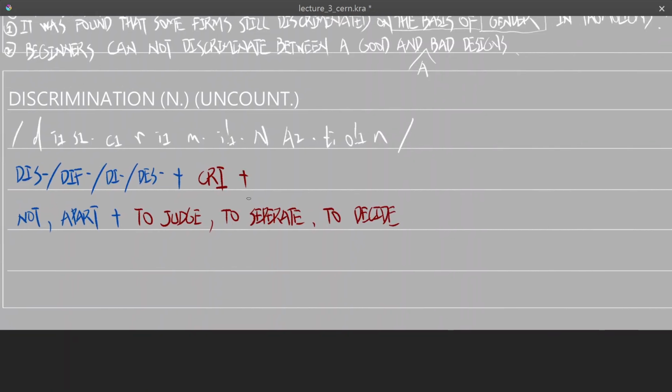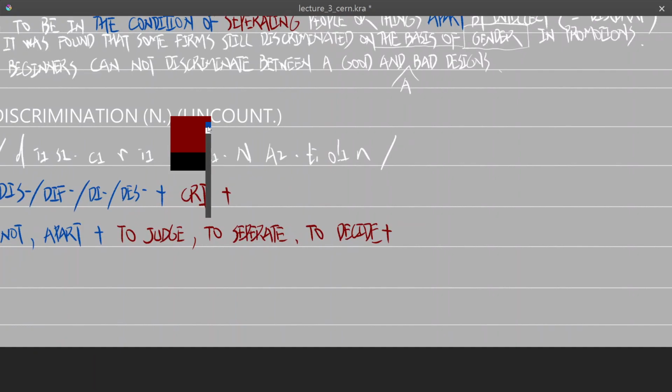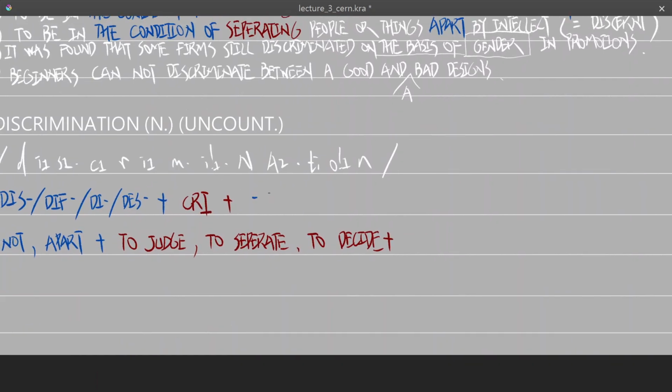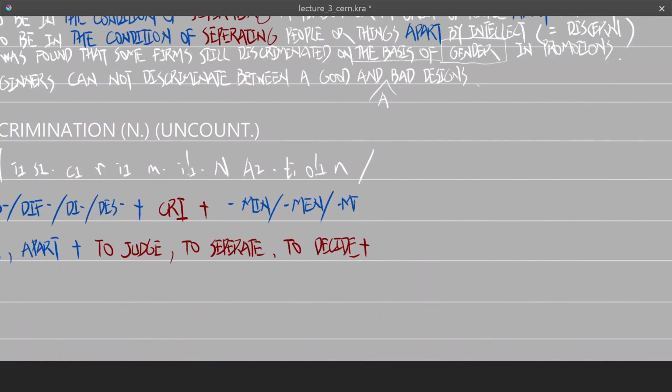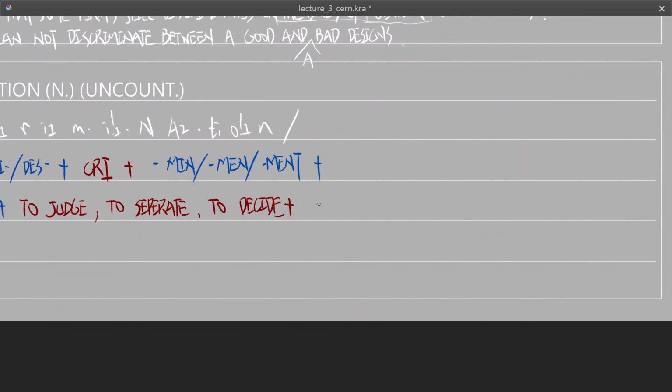Cool. Now we have the suffix ation, almost the same as ion.